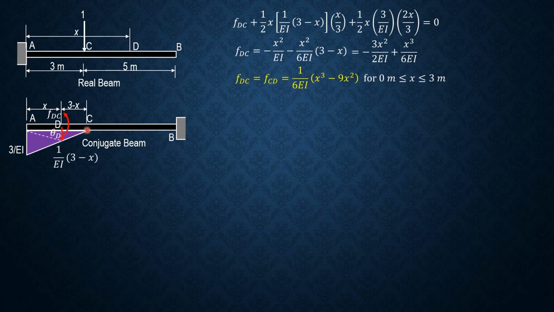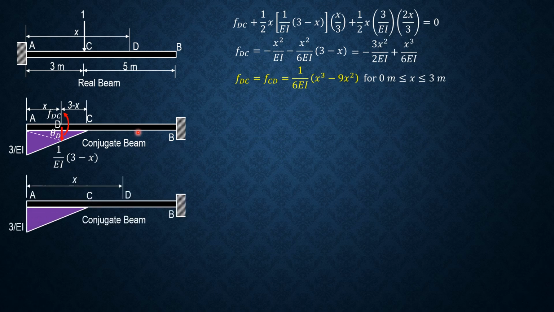Then for the case where the unit load D is here, that's 3 meters, and we have FDC, and the shear theta D considering A and D. So we have FDC plus 1/2 of 3 times 3 over EI.